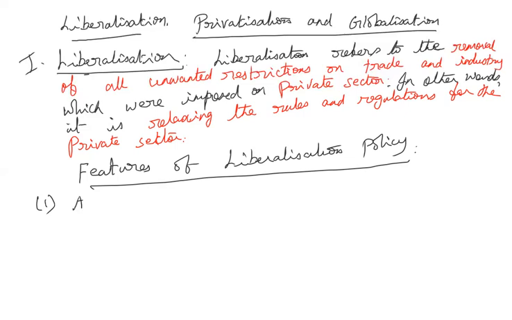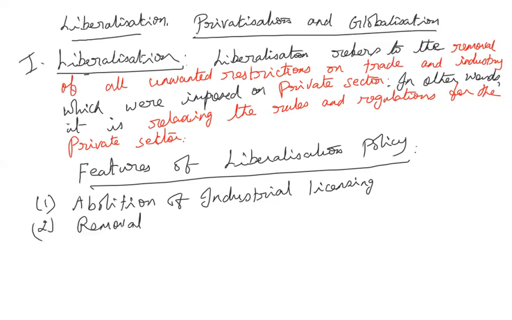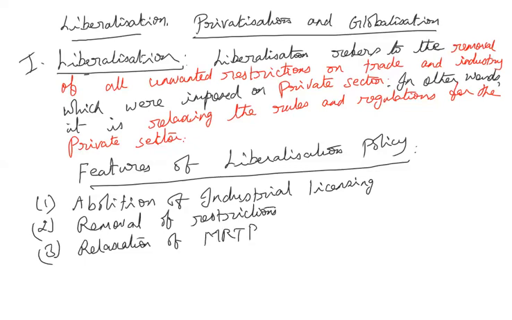Okay, so that is abolition of industrial licensing. So removal of compulsory licensing for the private sector, that is one of the liberal methods, relaxing the rules, isn't it? The private sector can easily start their ventures. So abolition of industrial licensing, removal of all those restrictions, relaxation of MRTP restrictions, that is the monopoly companies can, without any restriction, expand their business.